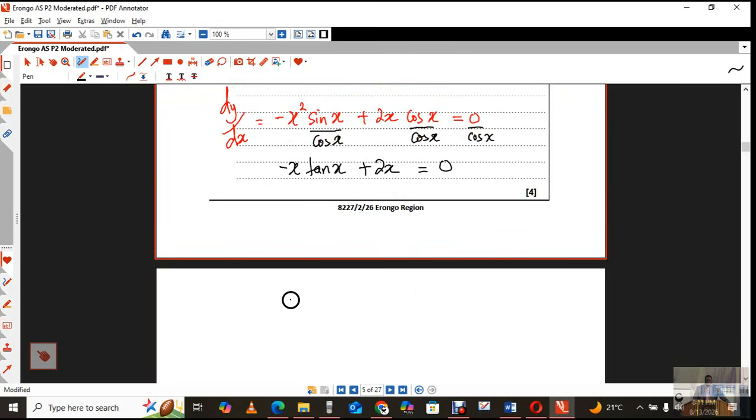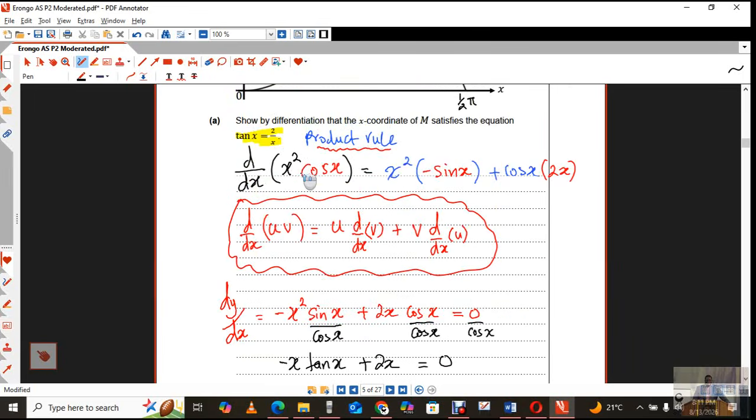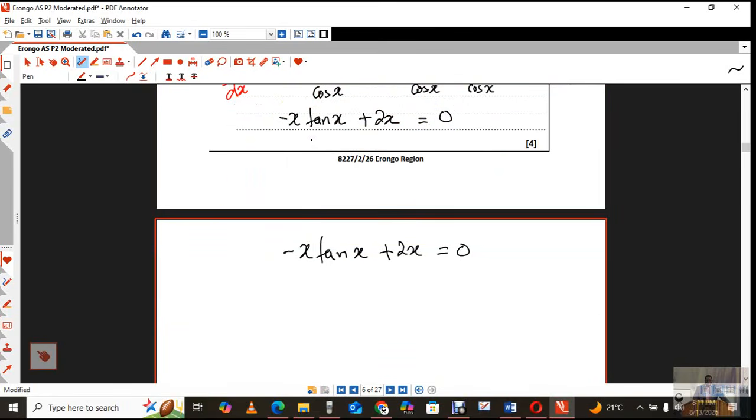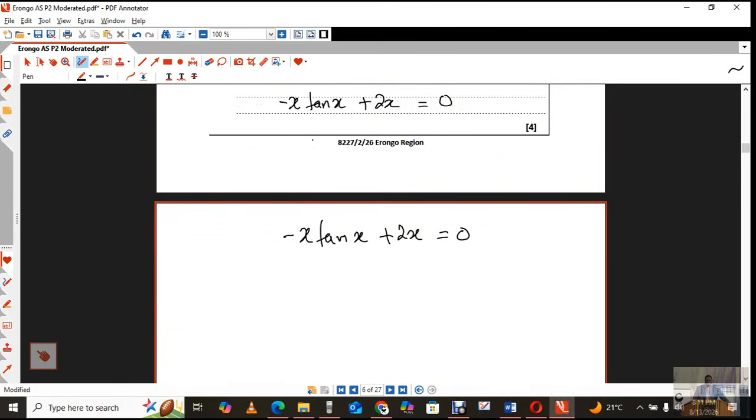You have minus x tangent of x plus 2x is equal to 0. Remember, what is it that we need to show? We need to show tan x is equal to 2 over x. So tan x has to be isolated, and we can do that. We can have minus x tan x is equal to negative 2x. There are many ways you can isolate this. I can drop the negatives because you have a negative on both sides of the equation.